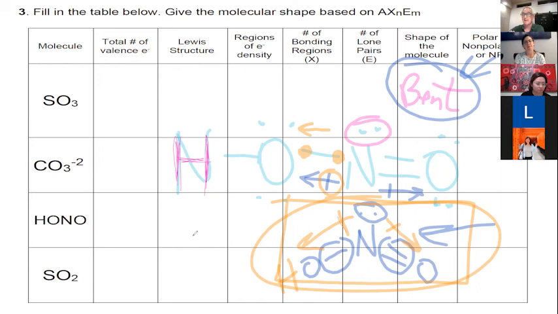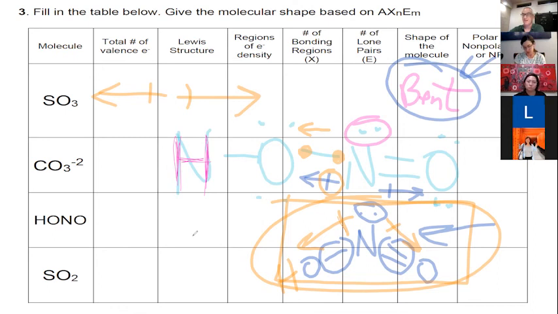To answer that, are they pointing directly at each other or directly away from each other? Is it directly away? No, it isn't. This would be pointing directly away from each other if they were equal and completely opposite. But these are not. They're both pointing down. So does that make it polar or non-polar?